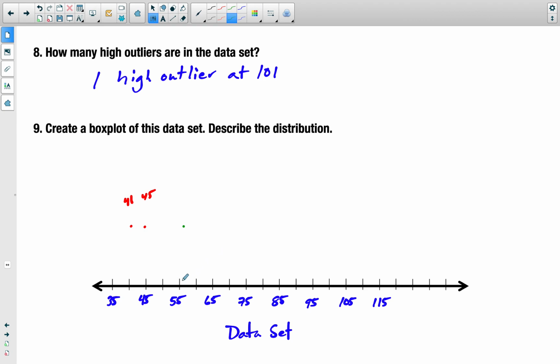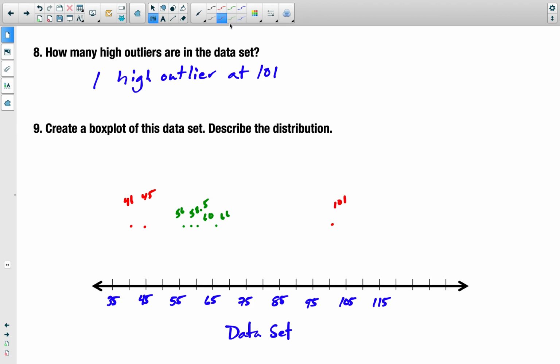And then we have medians at 58.5. So this is 56, 58.5. Then we have 60 is our quartile 3, and then our highest value that's not an outlier is 66. And we have another higher outlier at 101.